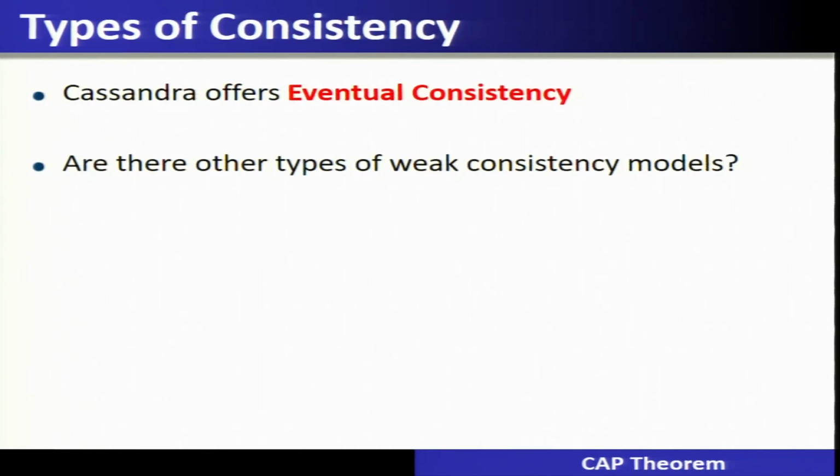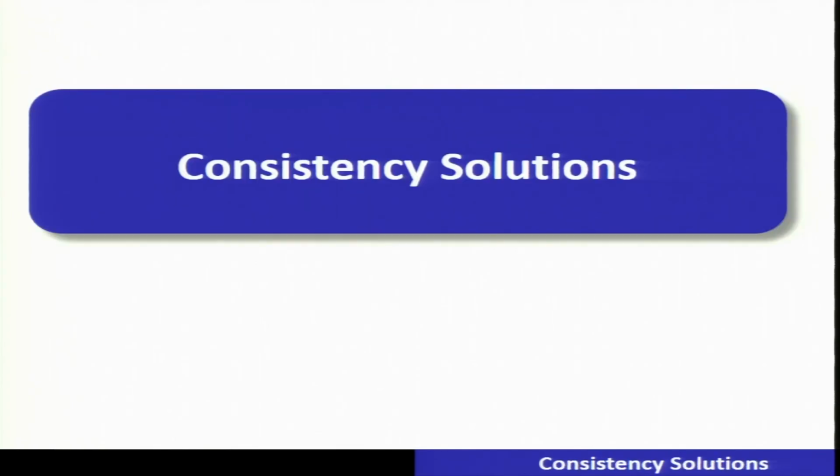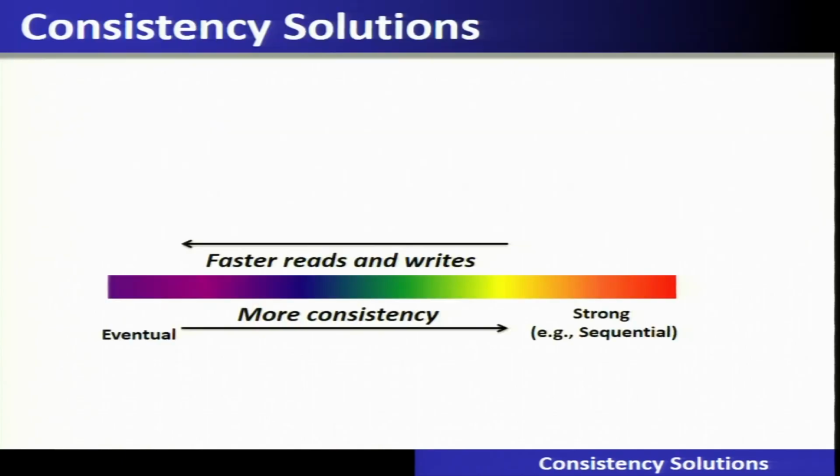Now, we may ask whether there are any other types of weak consistency models. Let us go ahead with the consistency models which are supported across different NoSQL data stores, including IoT databases.